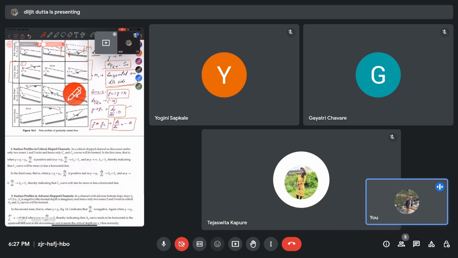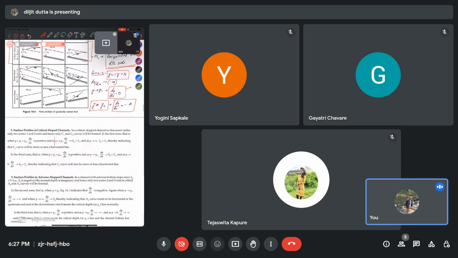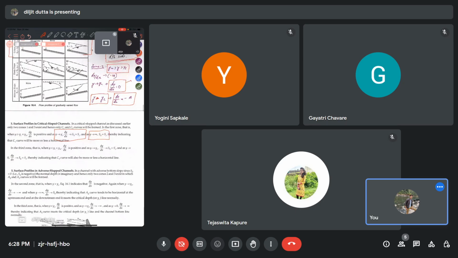And as y tends to infinity, that is downstream, when the depth of water is very high compared to the critical depth, dy by dx will be approximately equal to 0. So a horizontal line.